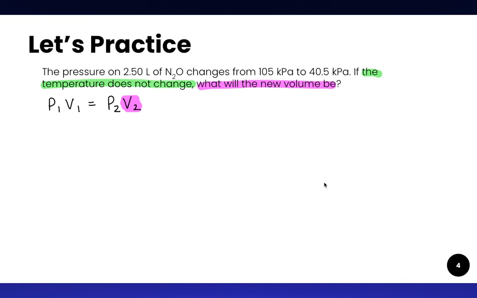And then we just have to list out what we know. The initial pressure is 105 kilopascals, which is pretty close to atmospheric pressure. The initial volume is 2.50 liters.